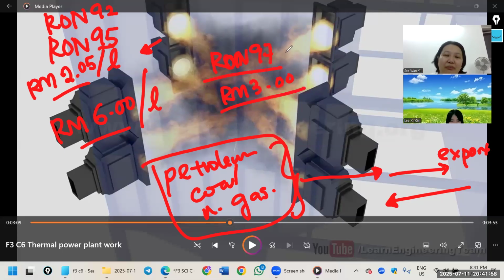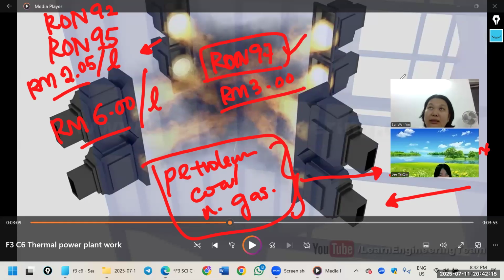I feel it's actually very good. The engine exhaust is cleaner, but pricey. Okay, do you know that? I think you don't know.